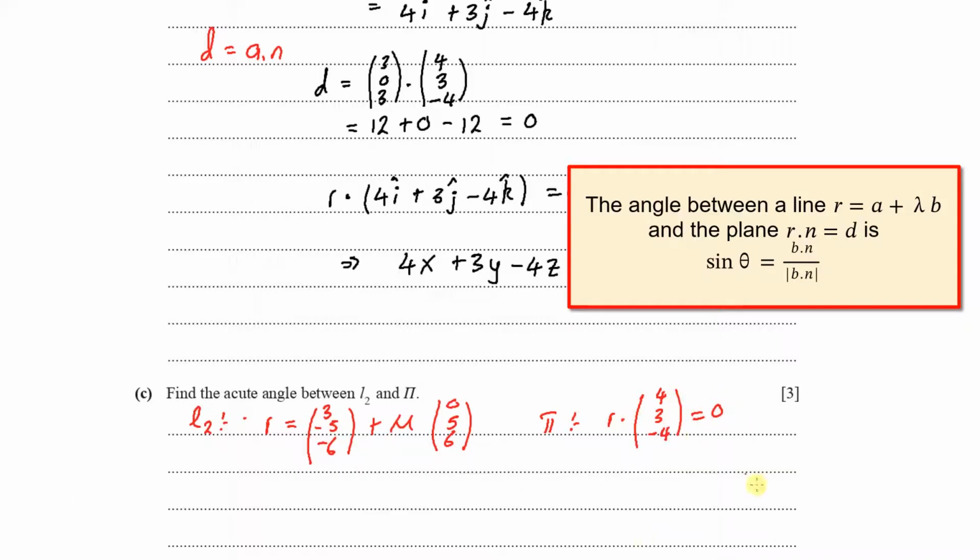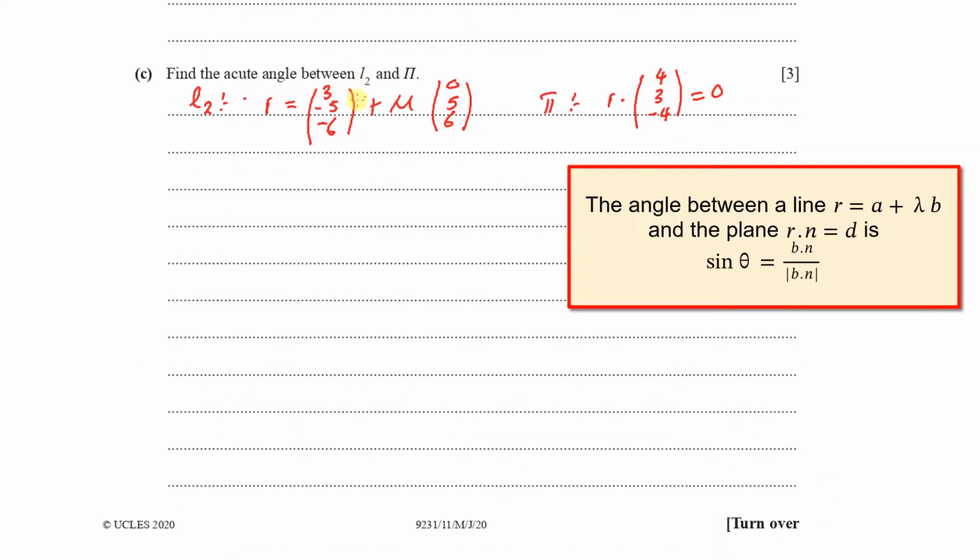So we want the acute angle between the line and the plane. So we will say sine theta is equal to b dot n, where b is the direction vector, that's (0, 5, 6), dot (4, 3, -4).